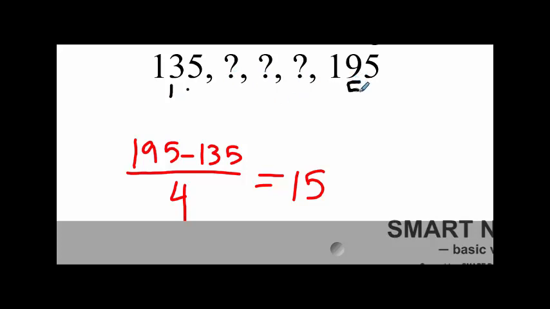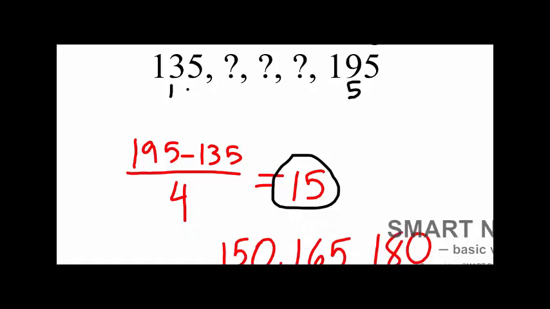I did 195 minus 135 on top, and I divided by 5 minus 1, which is 4. So that tells me that our common difference is 15. I find this method easier than the other method in the video, but it's totally up to you how you want to do it. Now that just tells us we have to add 15 each time to get to our next term. So that would be our 3 missing terms right there.